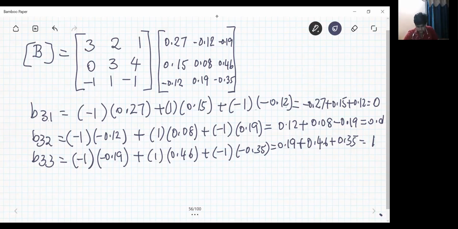One more problem. First row, -1, 3, 4. Second row, 3, 4, -1. Third row, 4, -1, 3.